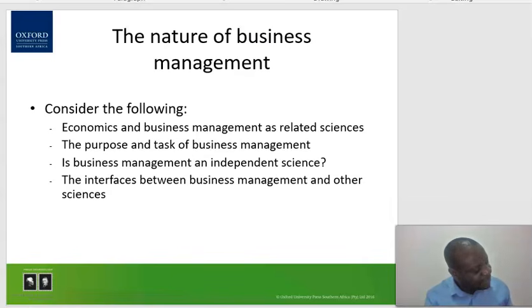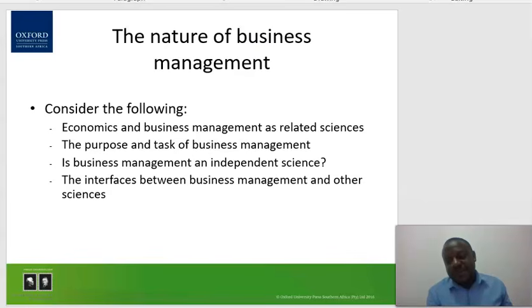The task of business management entails an examination of the factors, methods, and principles that enable a business to function as efficiently and productively as possible in order to maximize its profits.